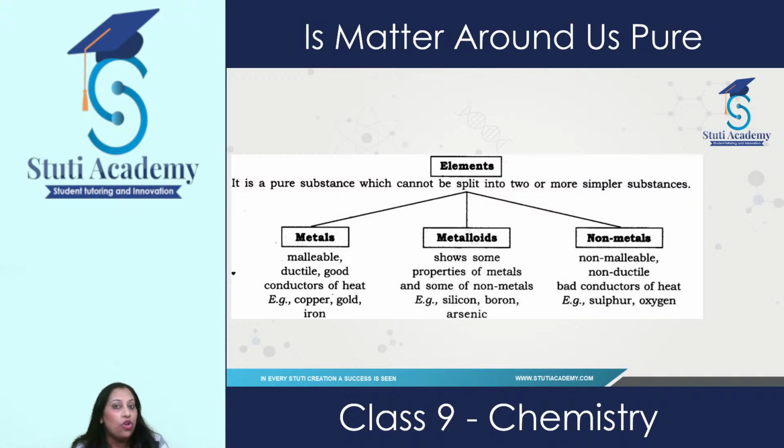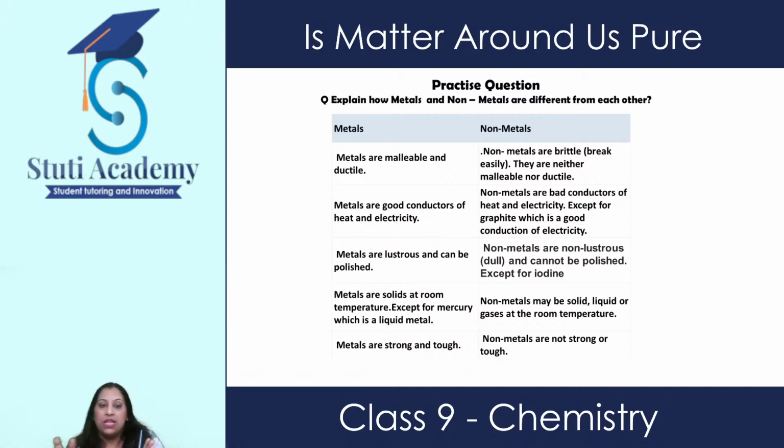Non-metals are non-malleable, non-ductile, bad conductors of heat and electricity except graphite, non-lustrous except diamond, and brittle, so they can easily break. They exist in solid, liquid and gaseous form. And metalloids are those which have properties of both metals and non-metals. So how metals are different from non-metals, this I have discussed with you.